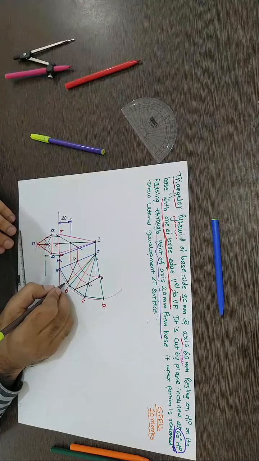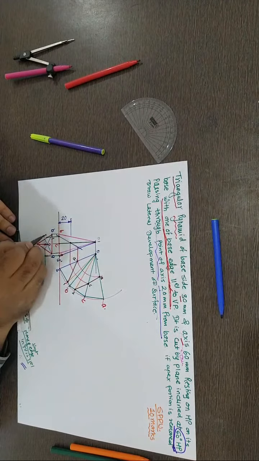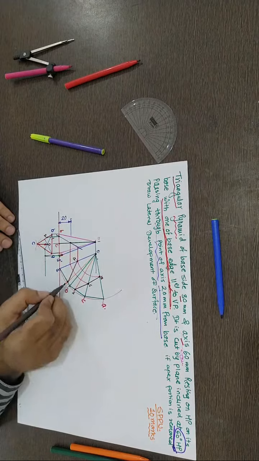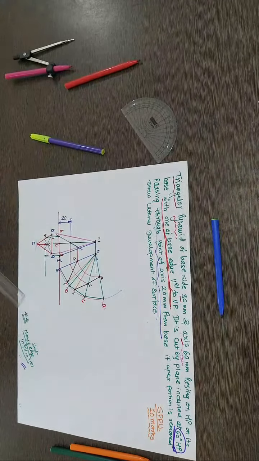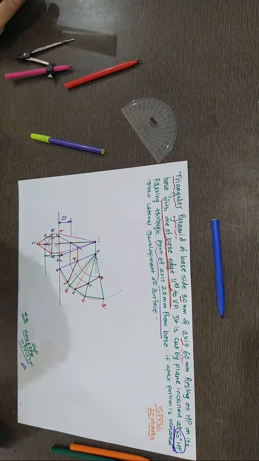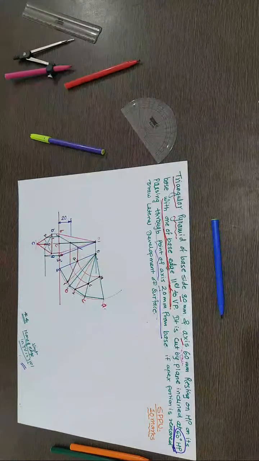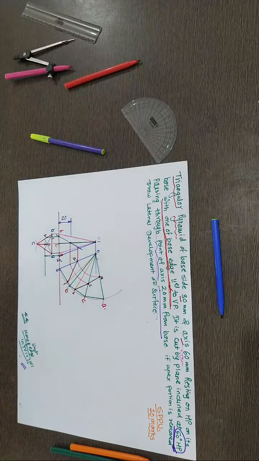I'll say this as 1, this as 2. That's the corresponding point. You remember this 1 and 2. So yes, these are the development of this triangular pyramid. I hope it is clear. Once you draw on your own, you'll get to know all the points and the concept very clearly. Just locate the points and join those sequentially.